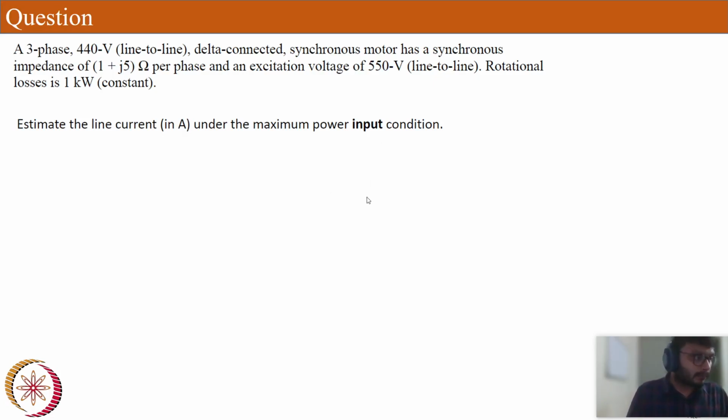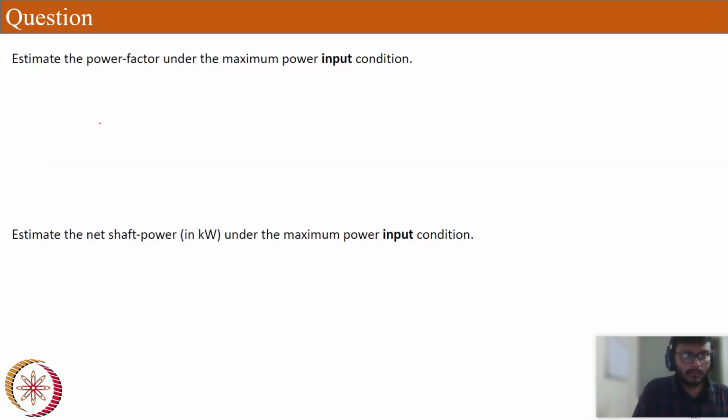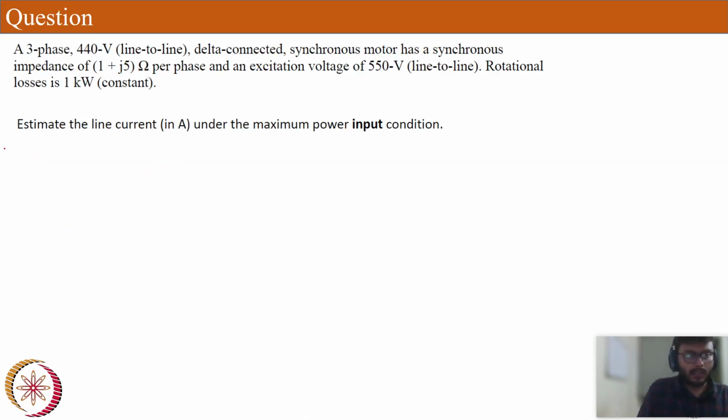Okay, let's solve the problem together. What is the input power? This is the input power we need. In order to get the real power input, let's first calculate the apparent power.